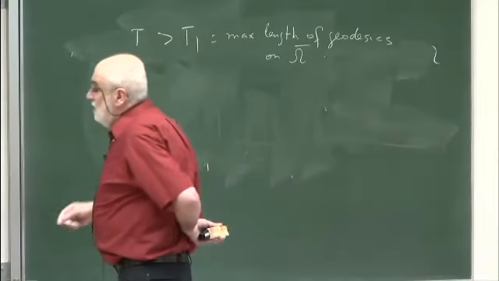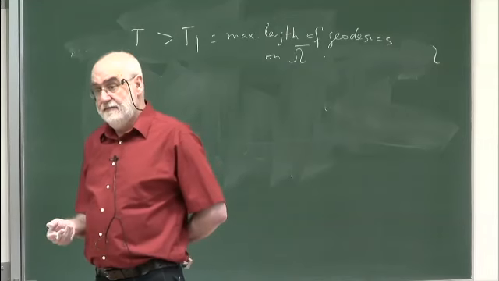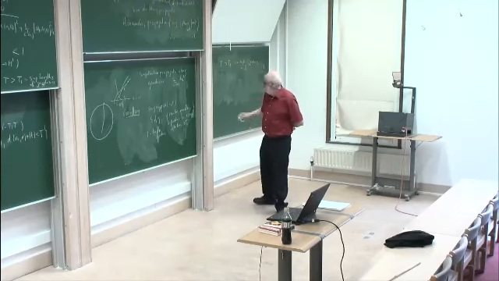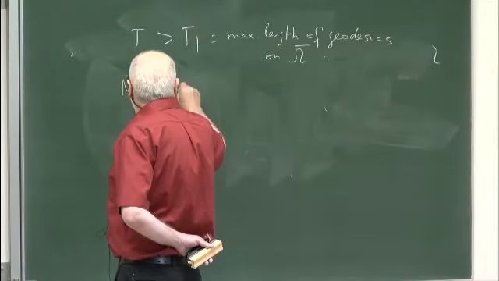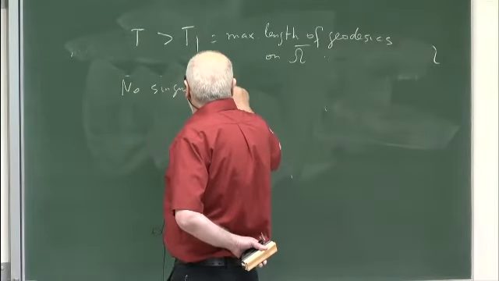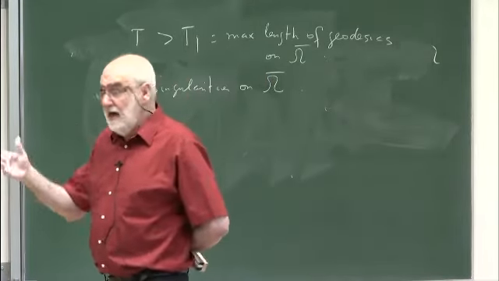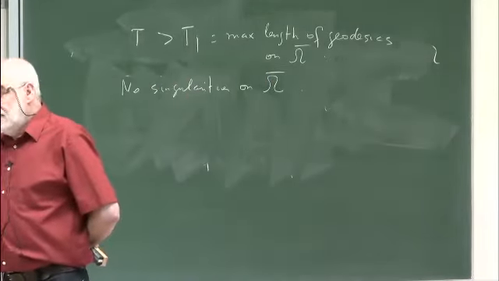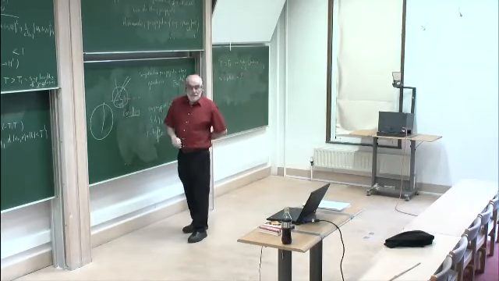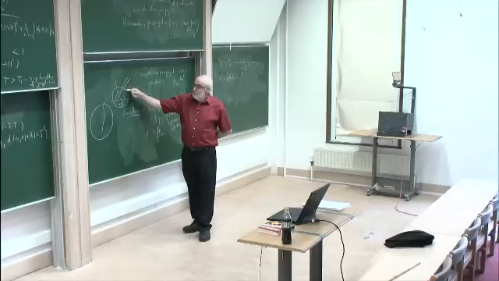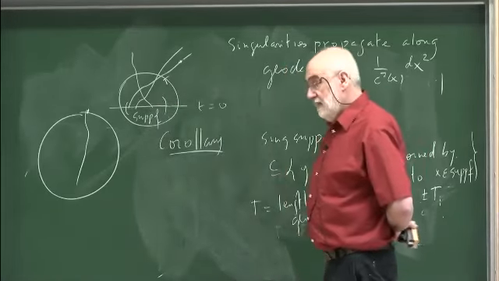And for this time, what happens? All the singularities have left the domain. So there are no singularities on omega closure, because you are taking the time sufficiently large so that this point has moved away from the domain. The time is large. Remember, the time corresponds to the length of the geodesic.